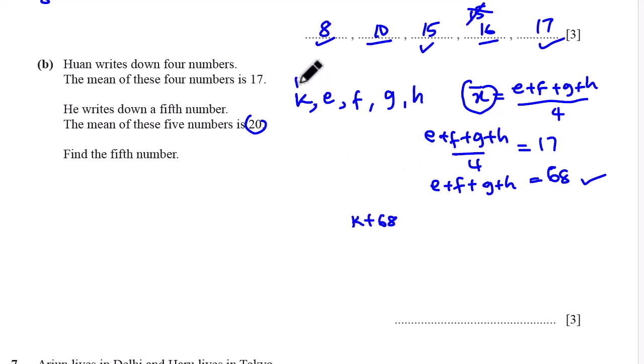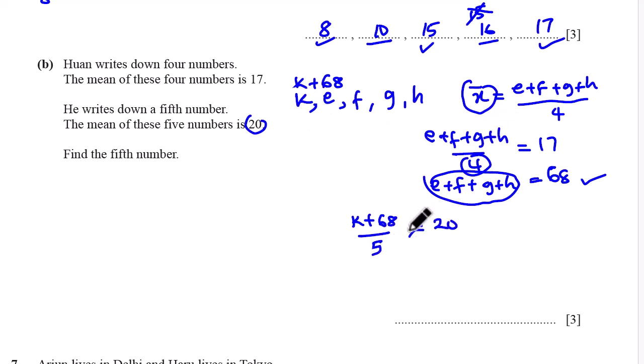I'm supposed to write E plus F plus G plus H, but since I already got that value here as 68, I'm just going to say K plus 68 as the total. Then divided by, it was supposed to be 4, but K has been added, so you have 5 numbers, is equal to 20.